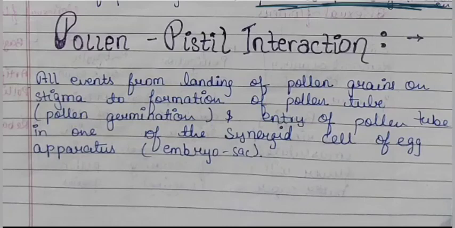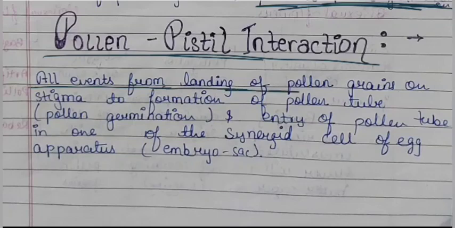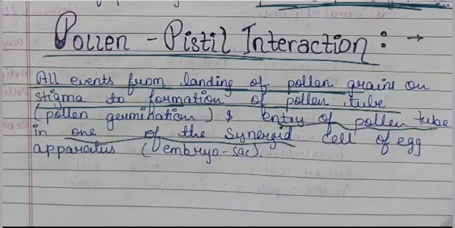Pollen pistil interaction includes all the events from landing of pollen grain on the stigma to the formation of pollen tube and entry of the pollen tube into one of the synergid cells of the egg apparatus in the embryo sac.